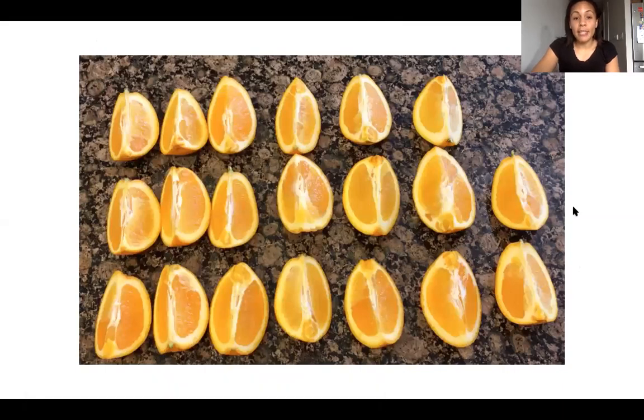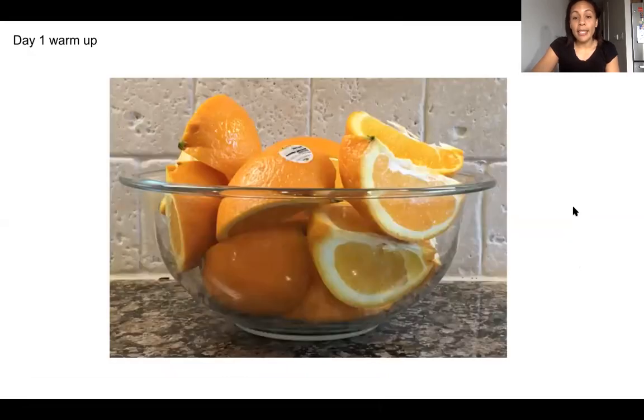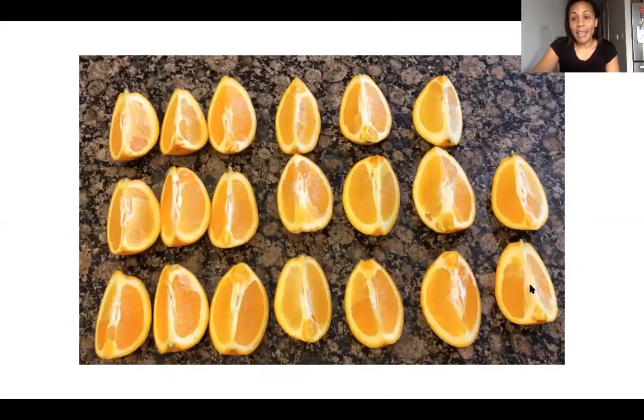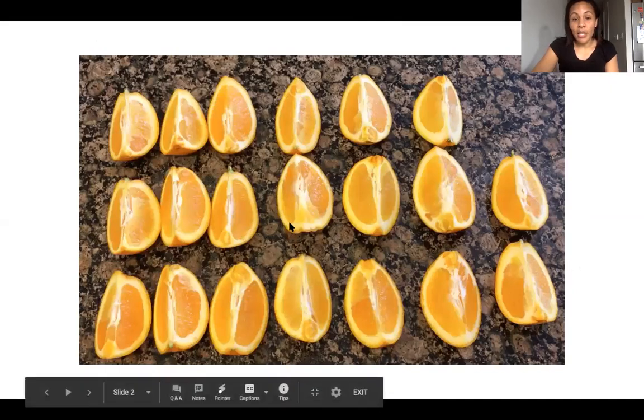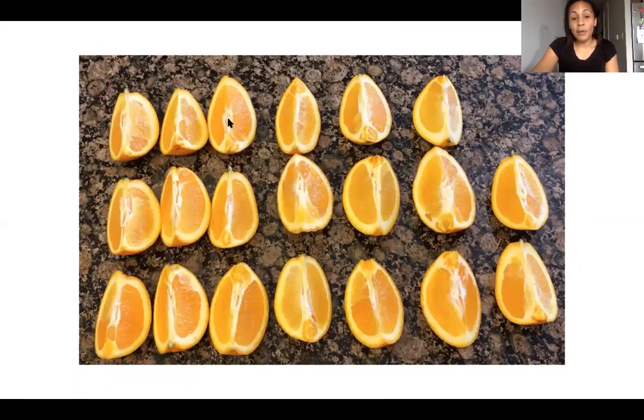If you take a look at this picture, all of the oranges that were in that bowl are now on this table. So I noticed that all of the oranges were in slices. Did you notice that too? Excellent. I was also wondering, how many oranges are there? Were you wondering that?